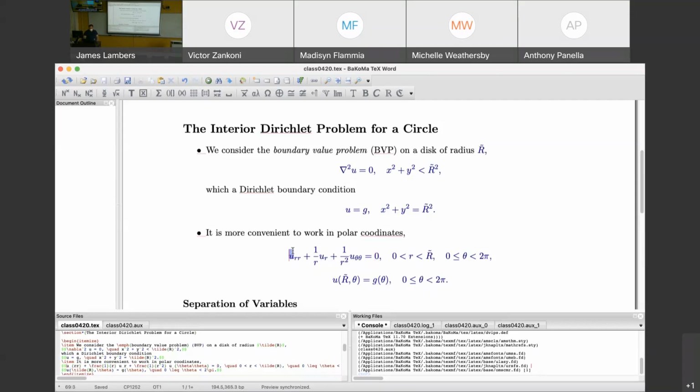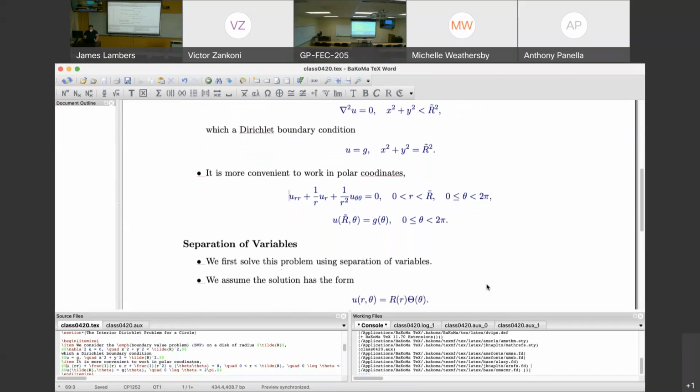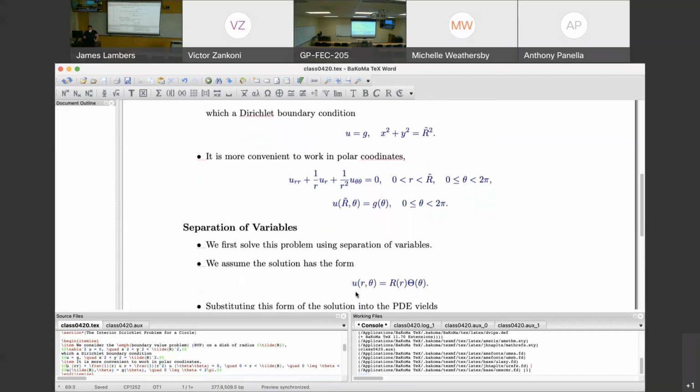So now, this is a problem we're going to solve using separation of variables. Similar to how we used separation of variables before, we assume that our solution is a product of a function of one variable times a function of the other variable.